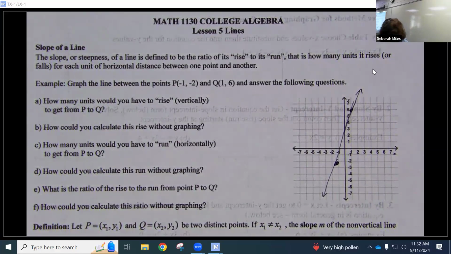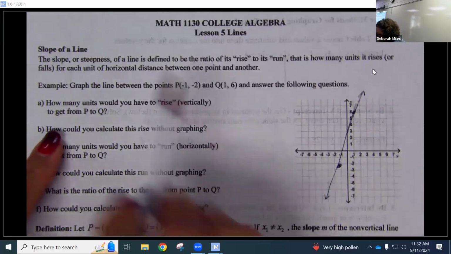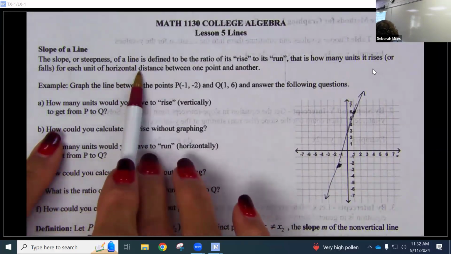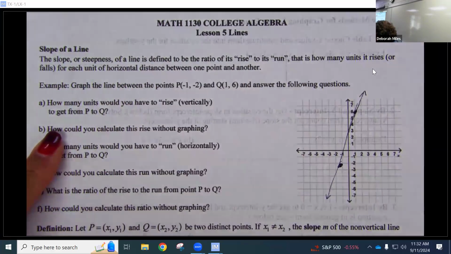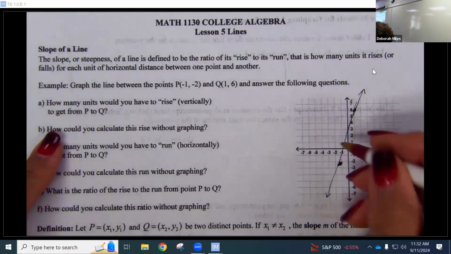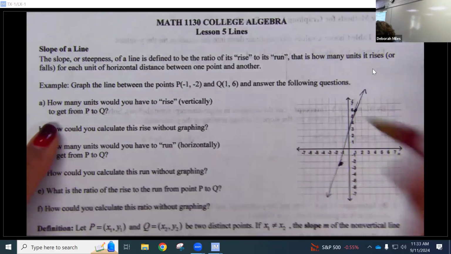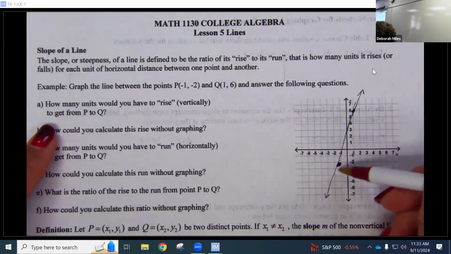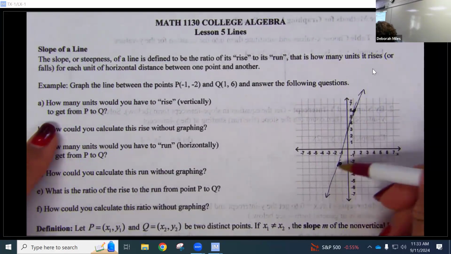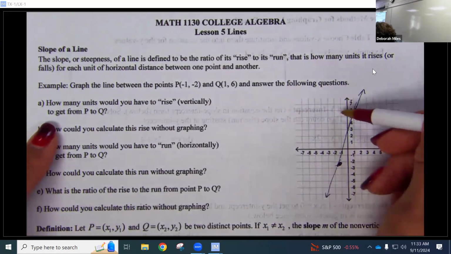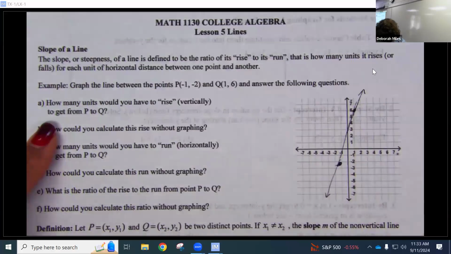Now, let's say we didn't know anything about the slope formula. We've never heard of this formula. We just know that slope is rise divided by run. How would we get the rise, or how many units would you have to rise vertically to get from this point to the same height of that point?